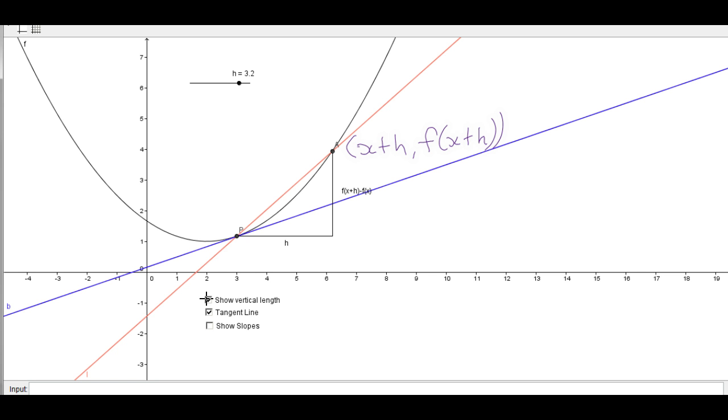And this point here is the point x, f of x. So this distance is y2 minus y1, or f of x plus h minus f of x. That's your rise. And your run is x plus h minus x, which is just h.